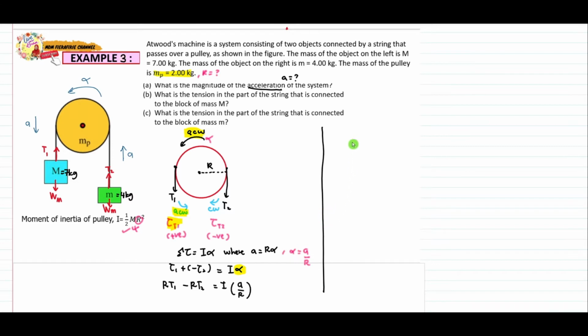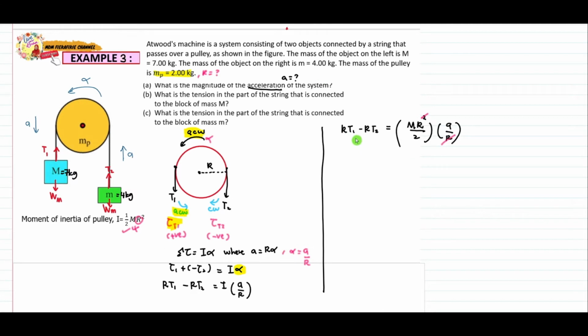Here we have RT1 minus RT2, and I, the moment of inertia, is half MR squared. So let's write here half MR squared times A over R. Okay, nampak dekat sini? We can cancel R. Okay, satu je kita boleh cancel.